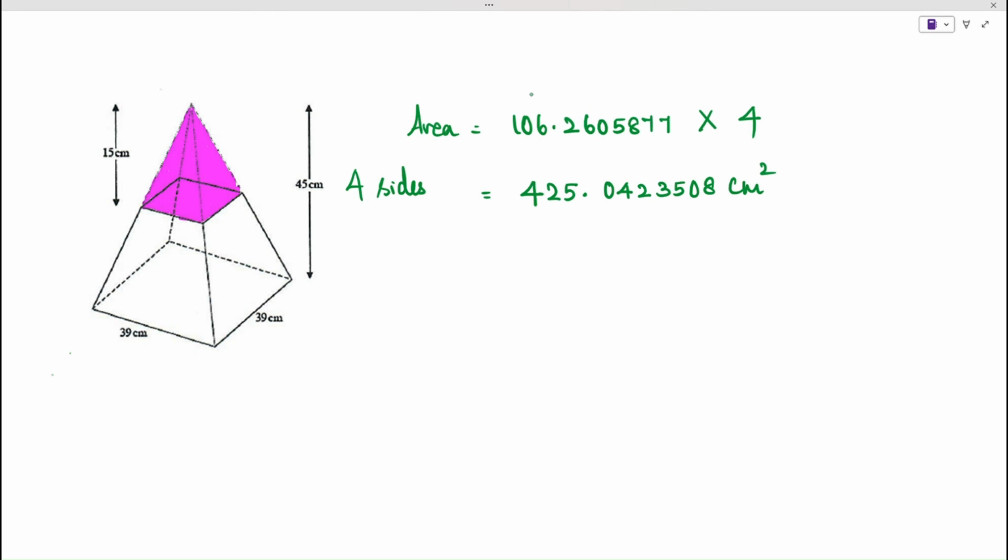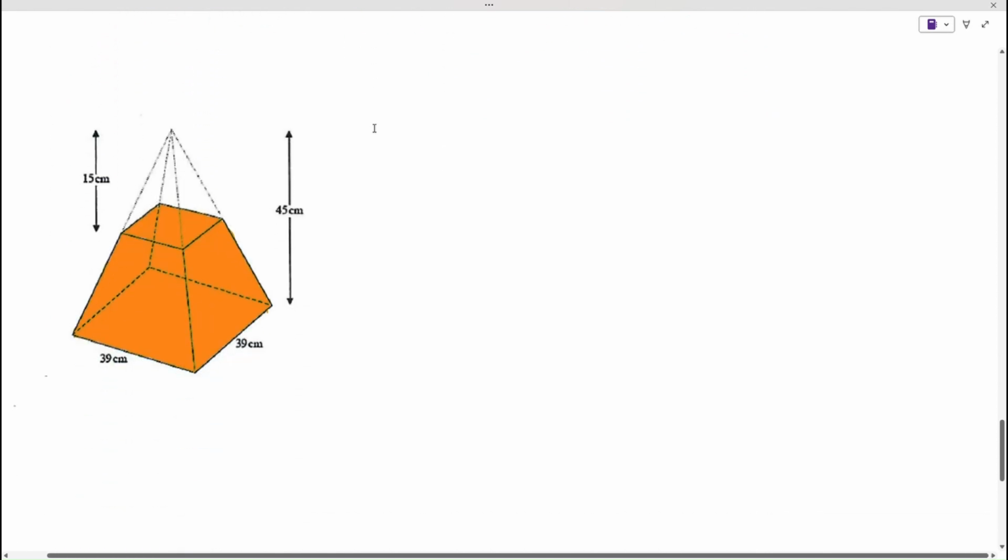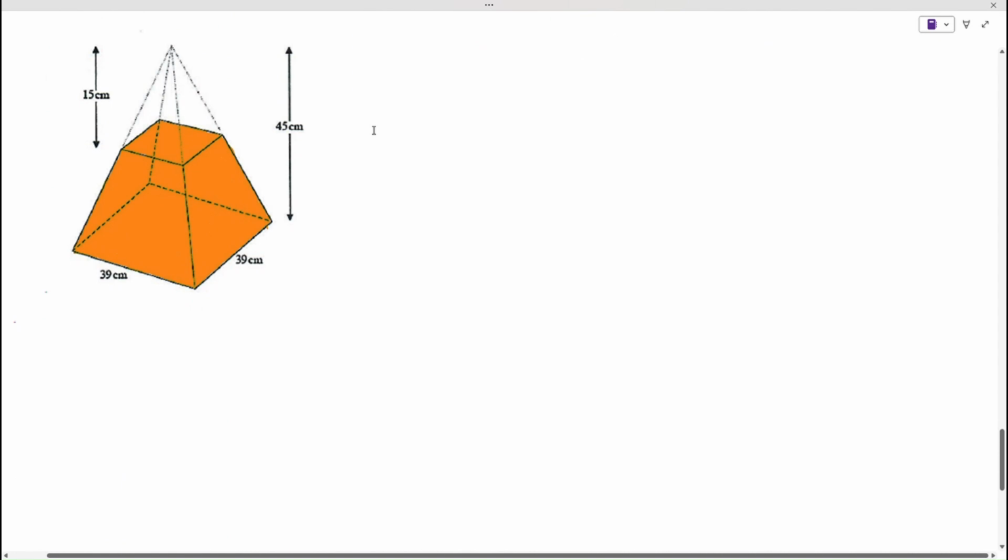Now, from this, we have to subtract this answer from the surface area that we got before for our 4 large triangles. And this will give us the outside area of our frustum shape here. So let's do that calculation.